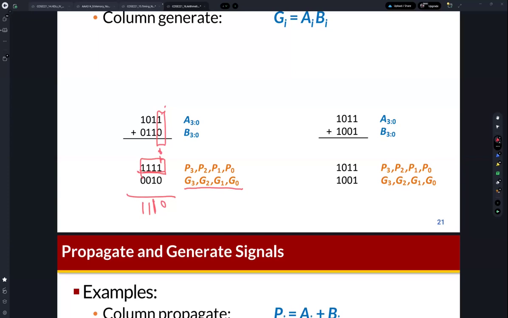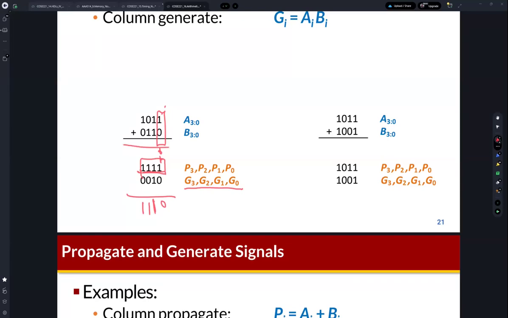For the carry lookahead adder, we first define the generation bit and the propagation bit. By defining these, once the previous carry is defined, the carry can be propagated or the carry can be just generated. So why is this fast? Because once the carry is determined, we can quickly calculate the carry using this property, right?